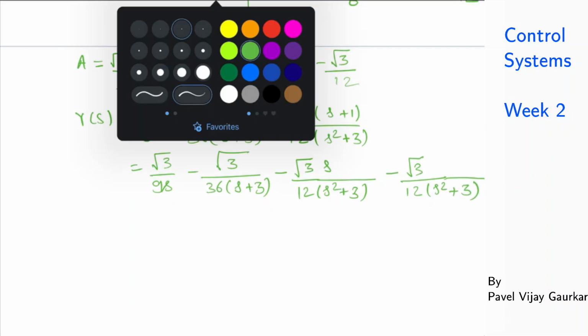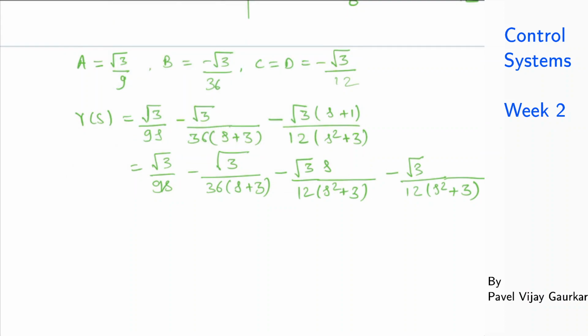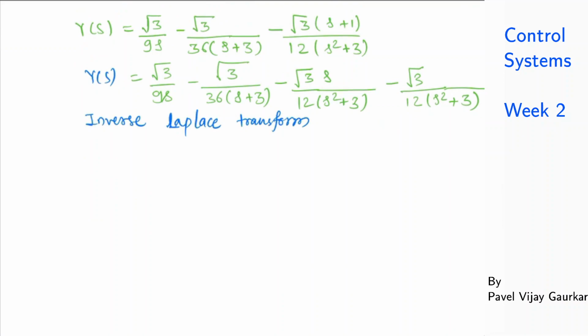So now if we take the inverse Laplace transform, y of s will become y of t. So under root 3 by 9. So inverse Laplace for 1 over s would be the constant 1.